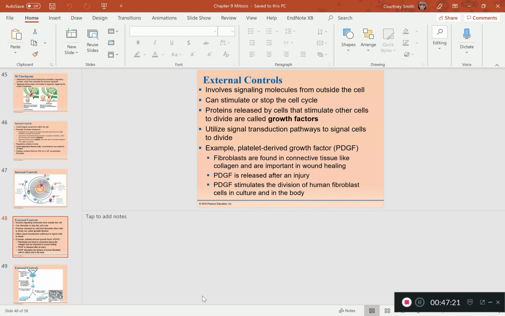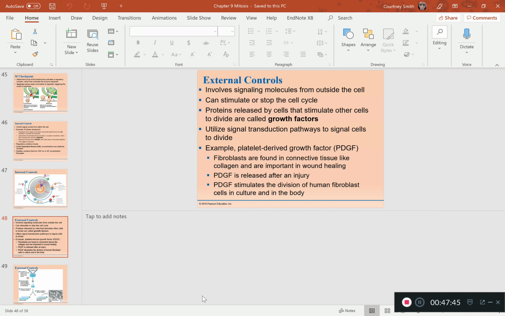And specifically, this growth factor will stimulate division of fibroblast cells in a culture and in your body. So if you have an injury, you want to repair that injury. So that is where PDGF comes in.